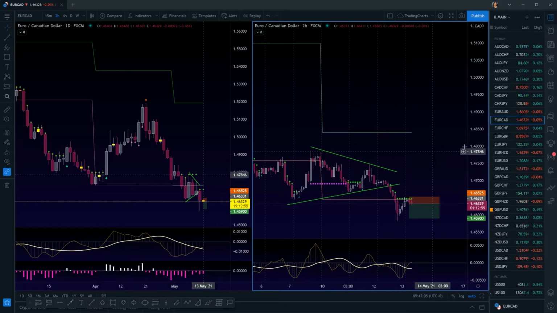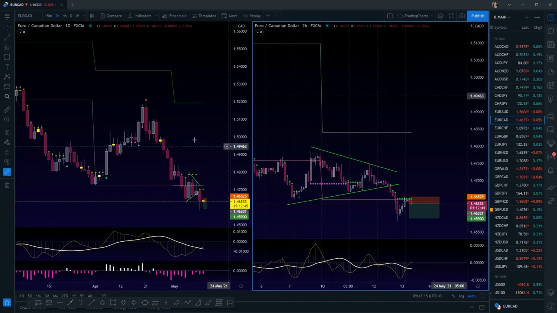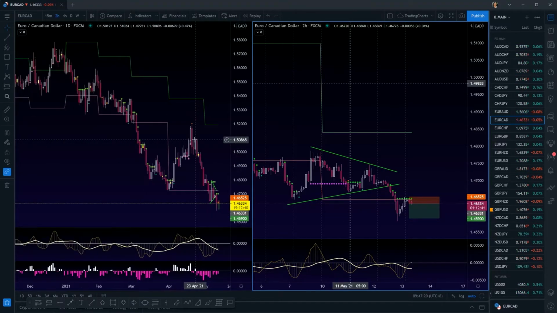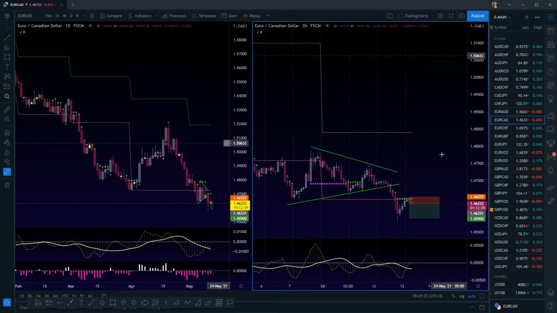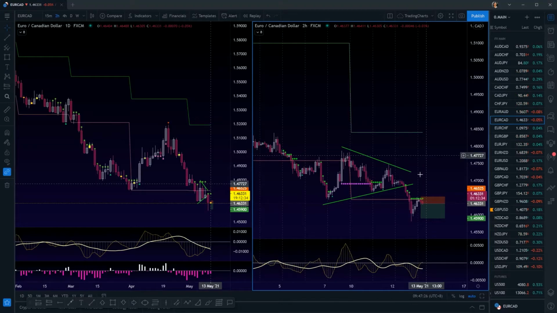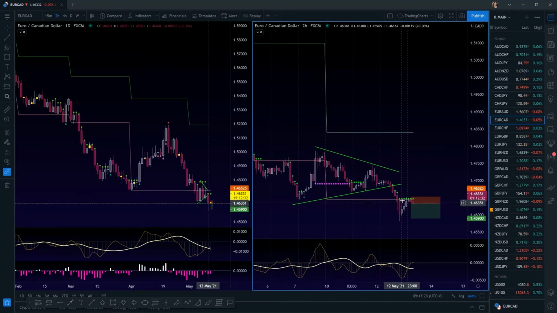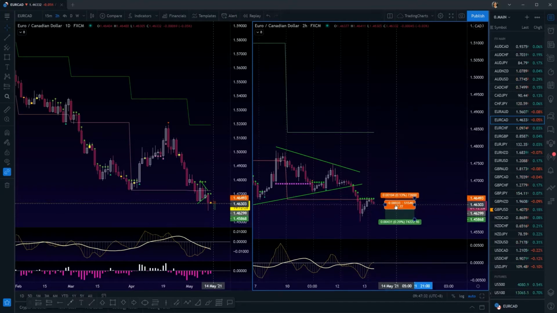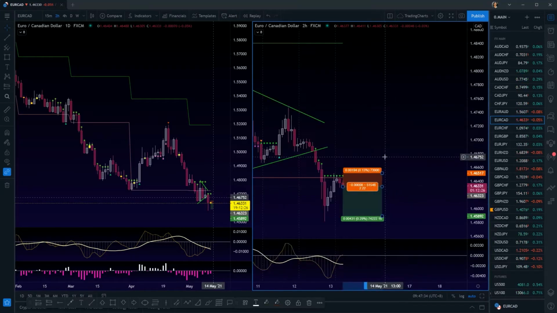Okay, so Euro CAD yesterday, the breakdown, which I didn't take, would have been an awesome trade, but that's just the way it is. I wasn't prepared to take it. So let's see if we can have another trade entry here. It crashed through this weekly level. Now it's back up there, so there might be a trade here.